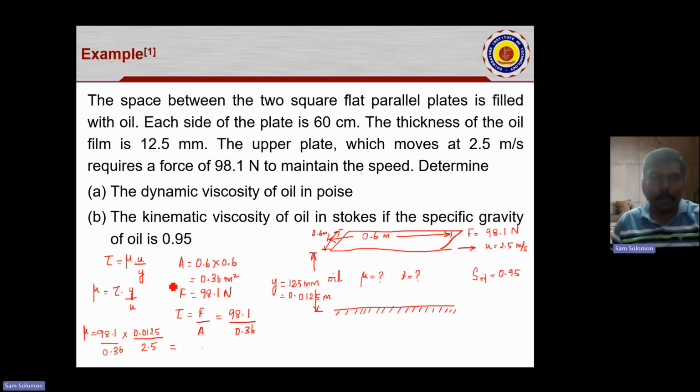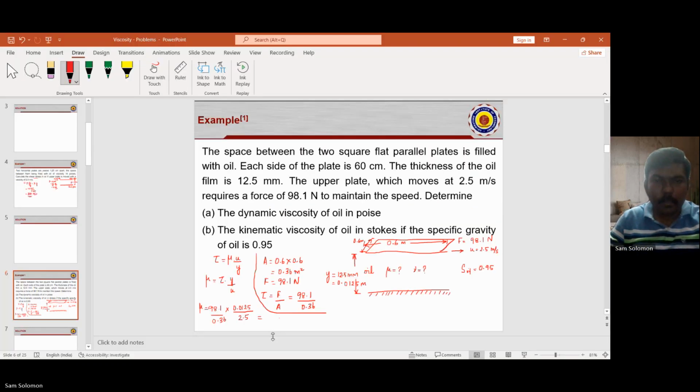So if we use the calculator over here, it's 98.1 multiplied by 0.0125 whole divided by 0.36 and 2.5.